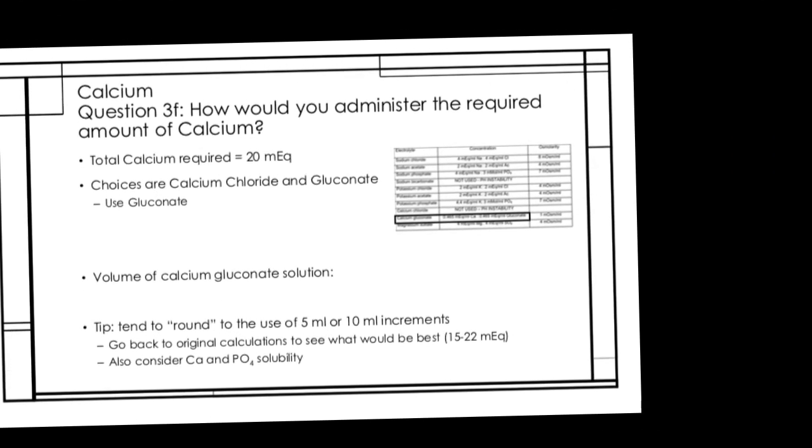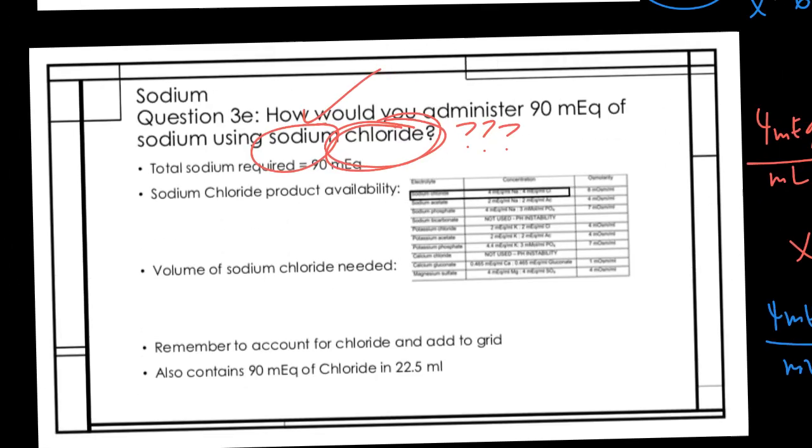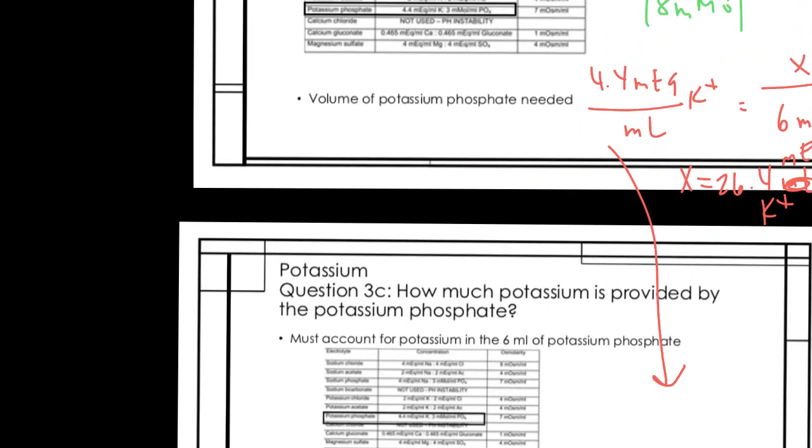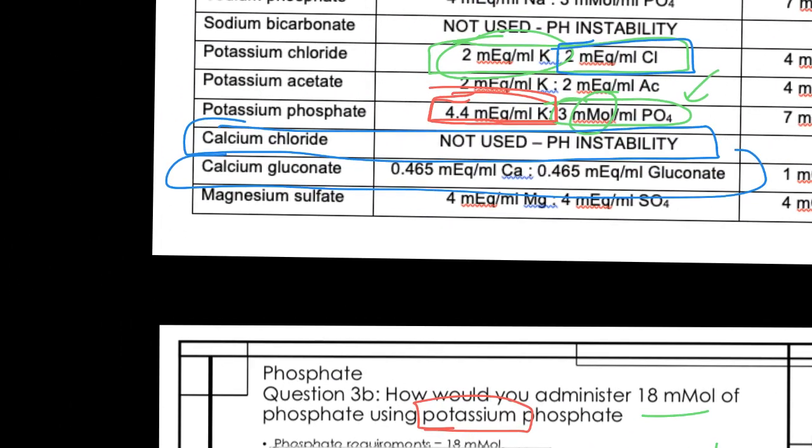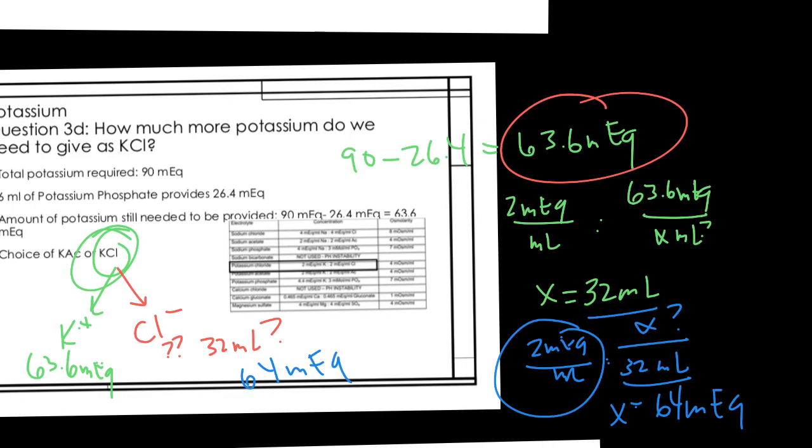Okay. So what is the concentration of calcium in the gluconate? Let's see. Calcium gluconate provides a concentration of 0.465 milliequivalents per milliliter calcium.